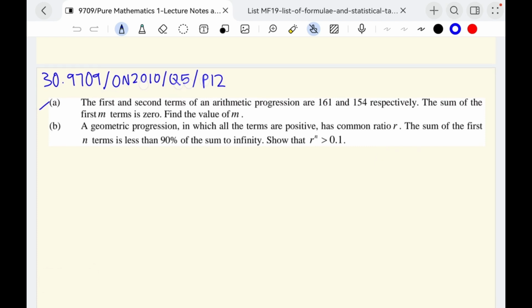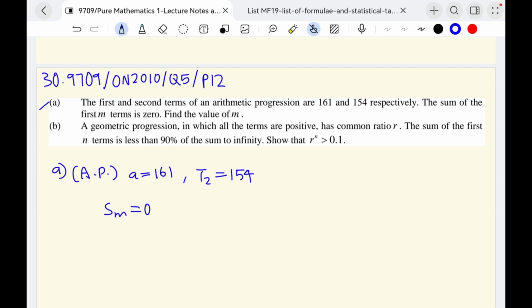Part A. The first term of the AP, arithmetic progression, is 161. And the second term is 154. Given that the sum of the m terms is 0, now find the value of m.